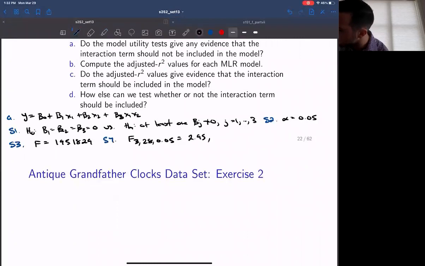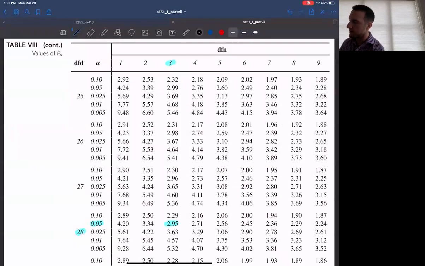And then it's easy to show as well, if we wanted to, that the p-value here is going to be less than 0.05. If we go back to the table, you can see we're working with this block of numbers here. Our F value is 195, so that's clearly bigger than the biggest listed value. So the p-value must be smaller than 0.05.